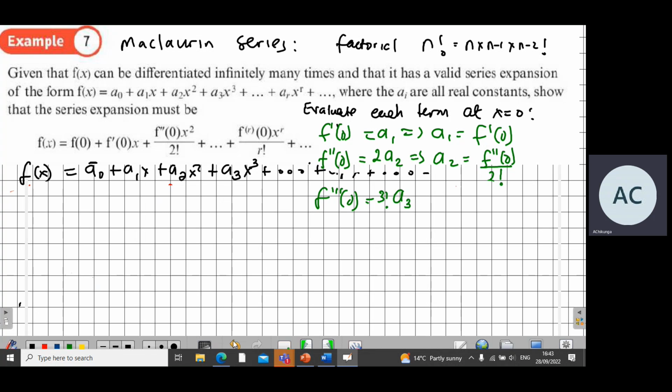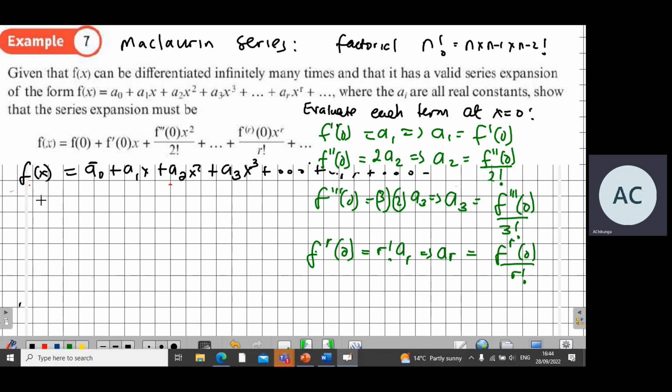Rather, let me write it in the original as it is 3 times 2, then a3, which suggests that a3 is actually equal to f triple prime of 0 over 3 factorial. So the last one will be f of r. So f of r at 0 is actually going to be equal to what? r factorial ar, which suggests that ar is equal to f of r at 0 over r factorial.